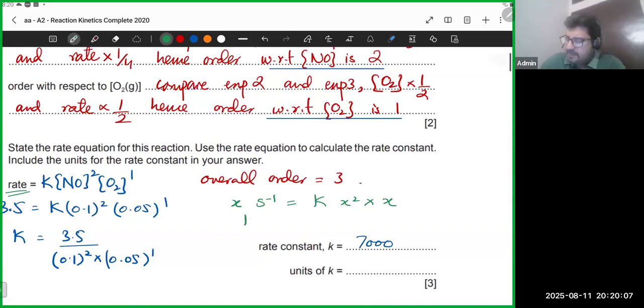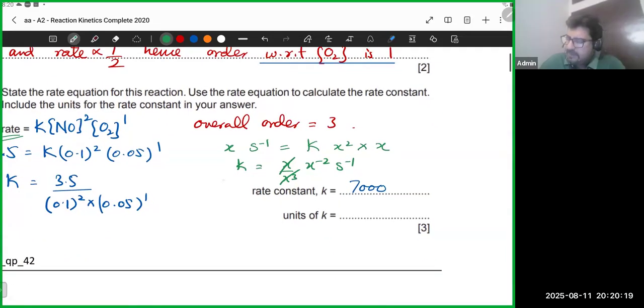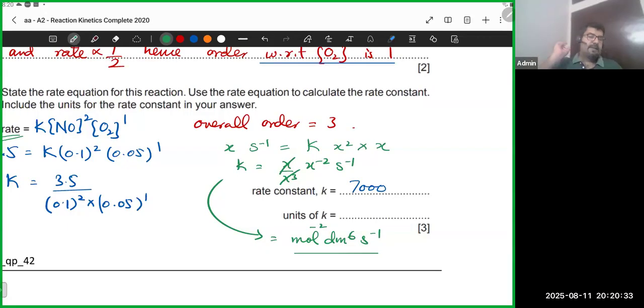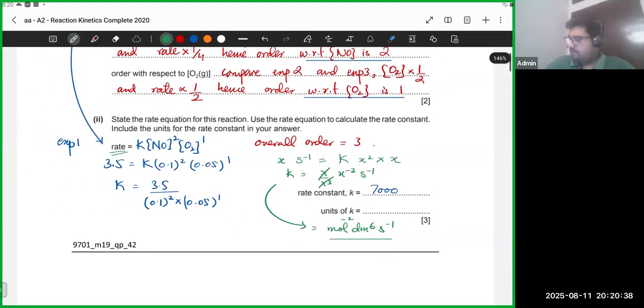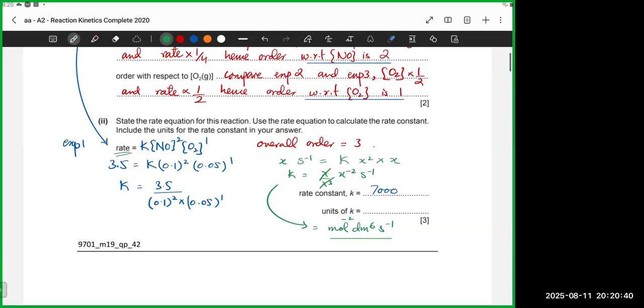If I solve for k, it's going to come out to be x divided by x cubed per second, so x to the power minus 2, and s minus 1. Since x was mole per dm cube, the unit is mole minus 2 dm6 s minus 1. That's my unit. Is this clear? Yes, sir.